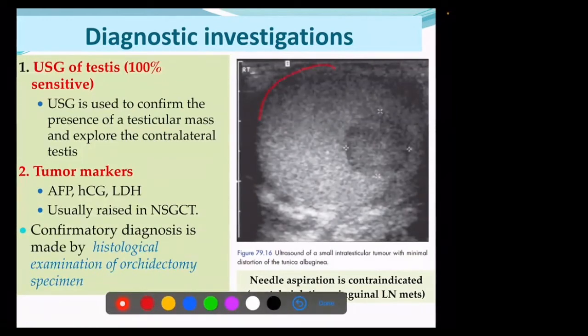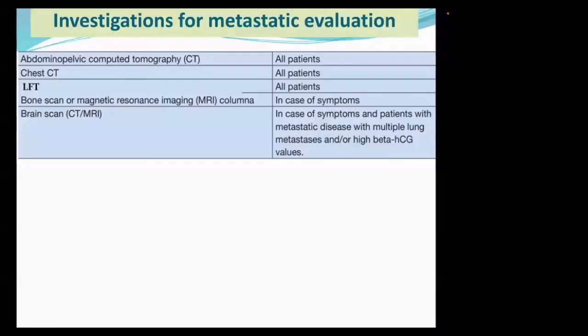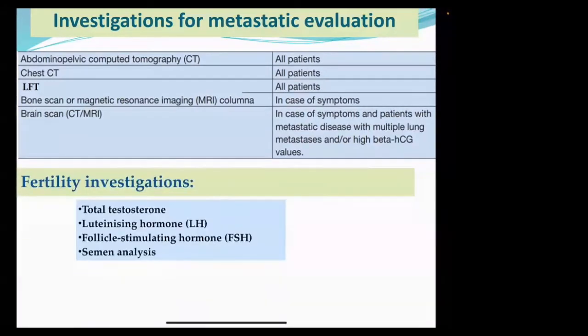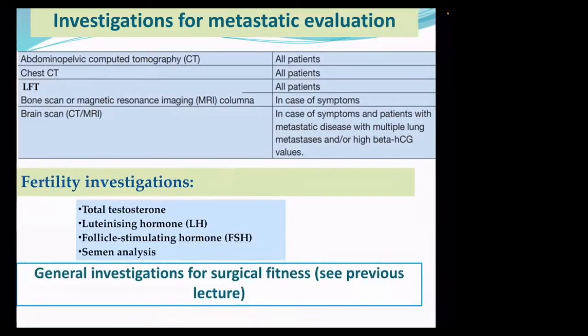This is an ultrasonogram showing testis, and the hypoechoic area inside the testis is indicative of testicular tumor. These are metastatic evaluation we have already discussed. Fertility investigations and general investigation for fitness.